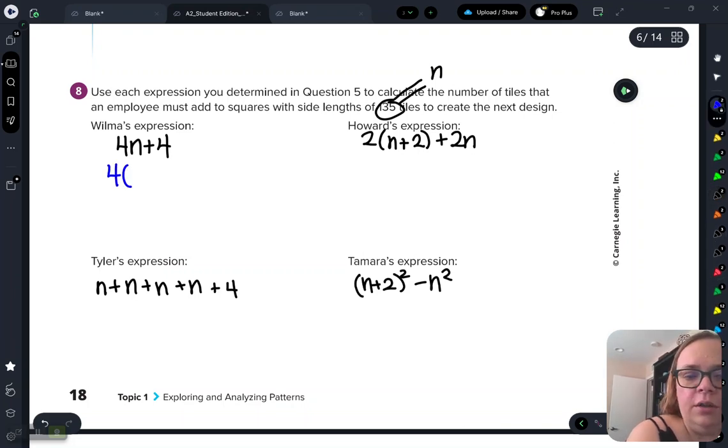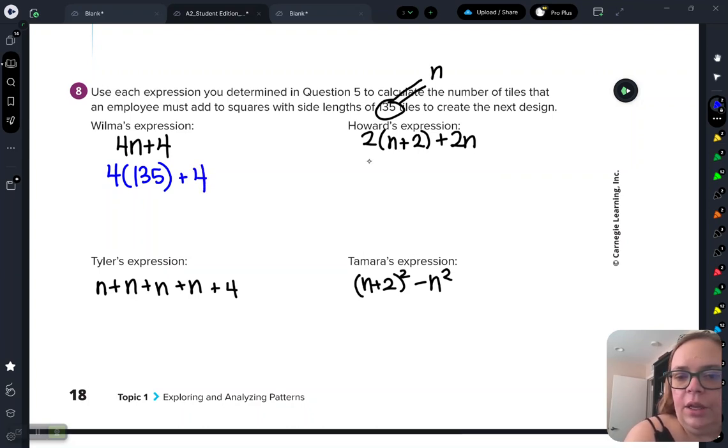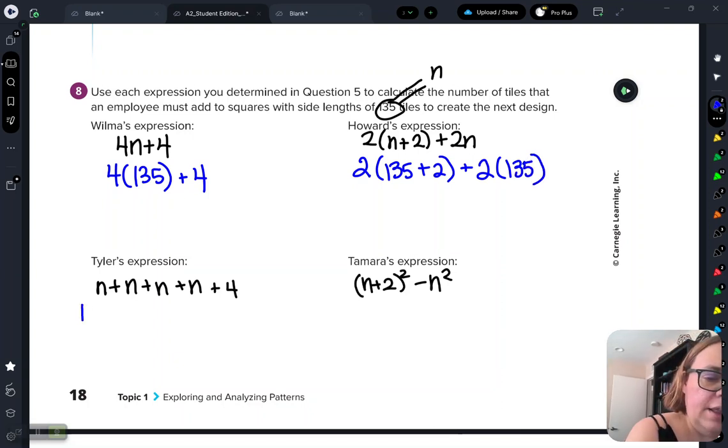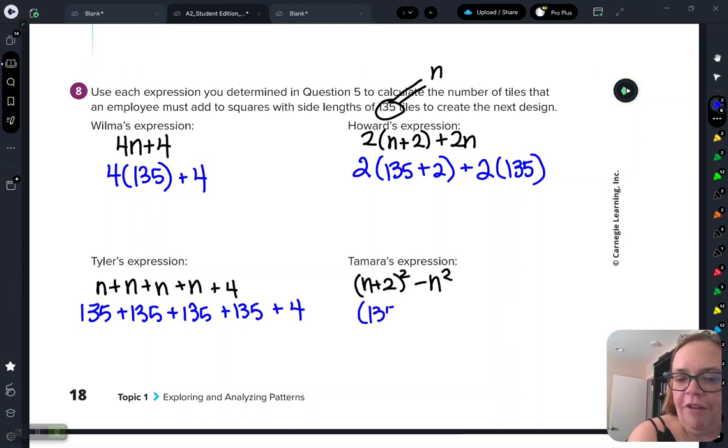Do 4 times 135 plus 4. And then we're going to do 2 times 135 plus 2 plus 2 times 135. And then this is going to be 135 plus 135 plus 135 plus 135 plus 4. And then the last one's going to be 135 plus 2 squared minus 135 squared.